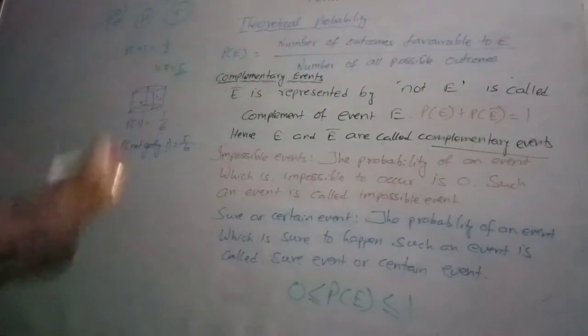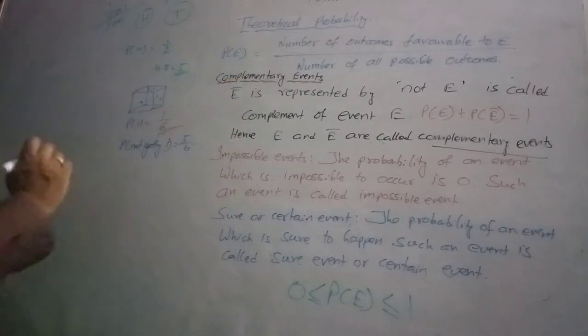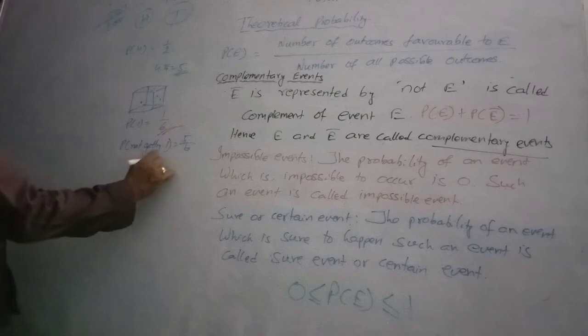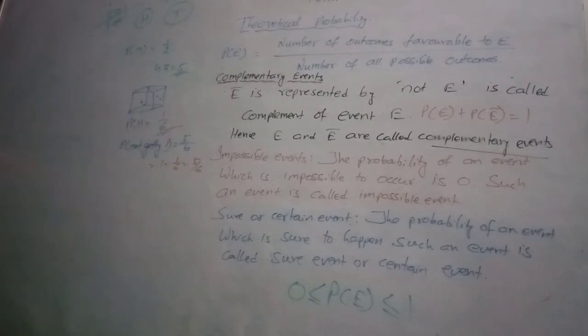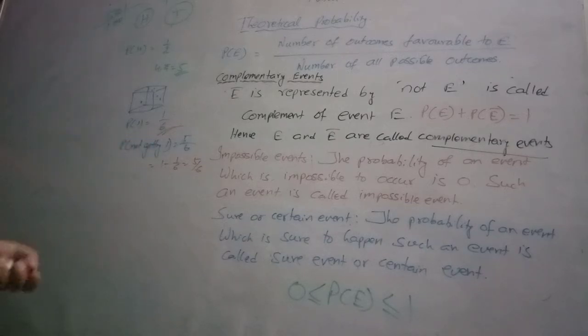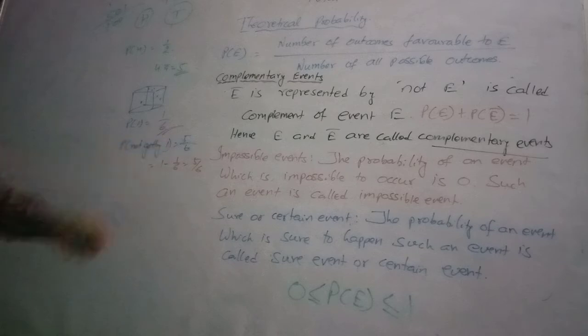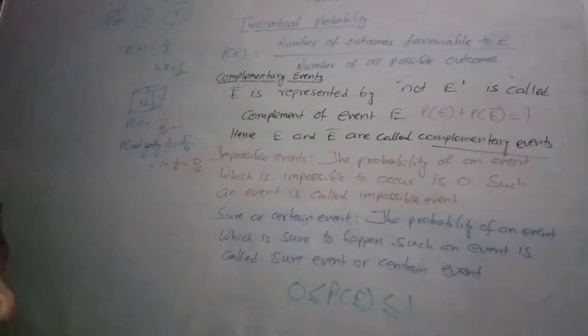Suppose the probability of getting 1 is 1 by 6, you know. The probability of not getting 1 is simply 1 minus 1 by 6, which is 5 by 6. Same thing, we are getting 2, 3, 4, 5, 6, not 1. So the probability of an event happening plus the probability of it not happening is equal to 1.